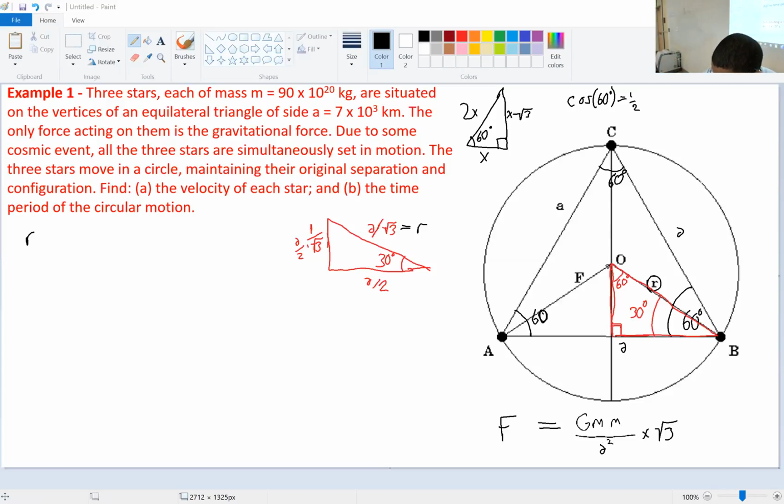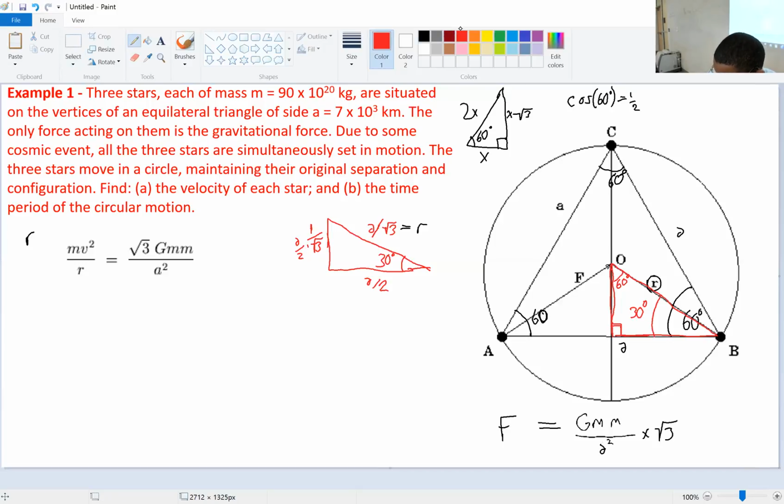So let me go ahead and copy this. All right, so we know everything. Let's see, so we're trying to find the velocity. So there are a couple of things we can cancel here.